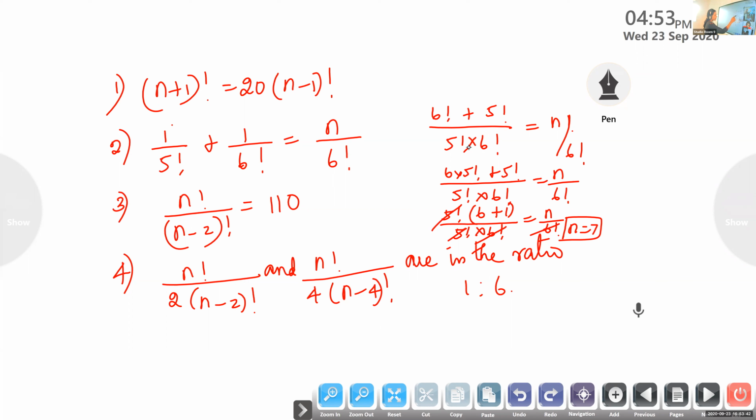And from the numerator, we take 5 factorial as common. So the numerator 5 factorial and denominator 5 factorial will get cancelled. In LHS we have 6 factorial in the denominator, RHS also we have 6 factorial in the denominator, so you can cancel 6 factorial. Comparing these two, you will get n is equal to 7. Okay? What about the others? Is it clear, children?